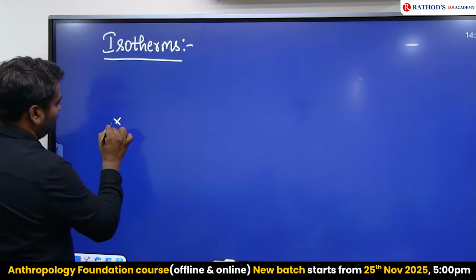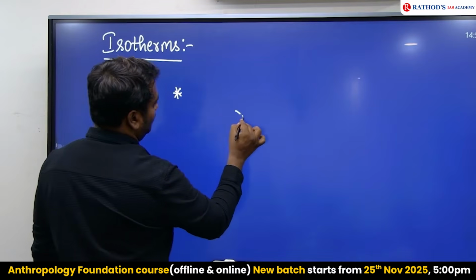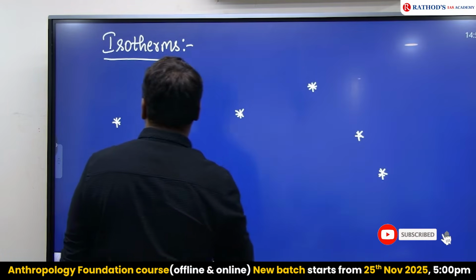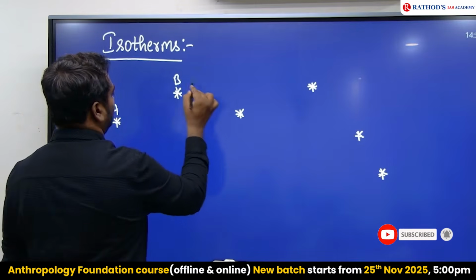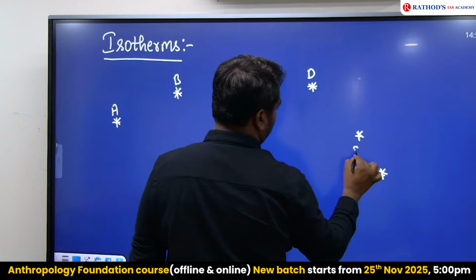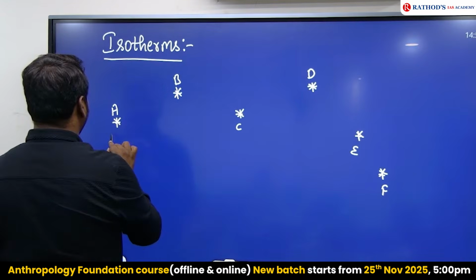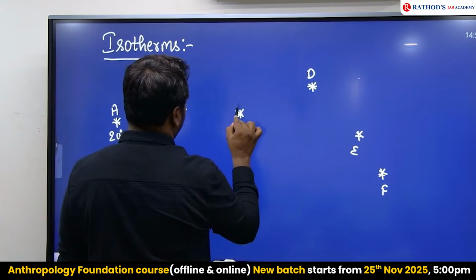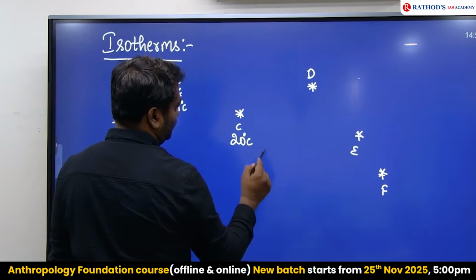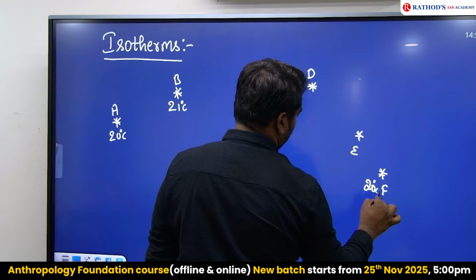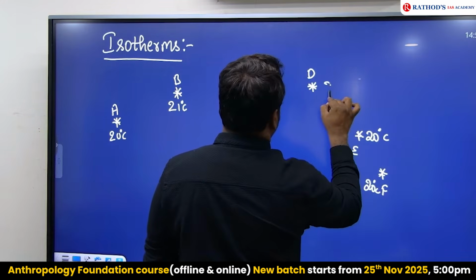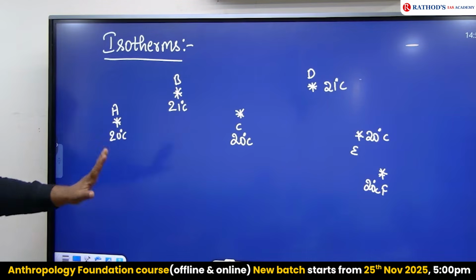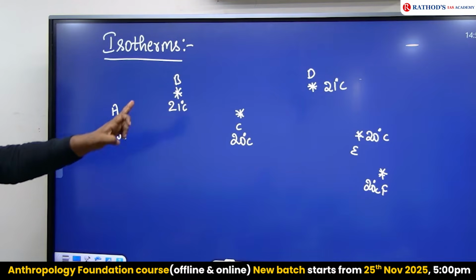Isotherms. Let us say all these are cities, different places, and these are temperatures at different places.